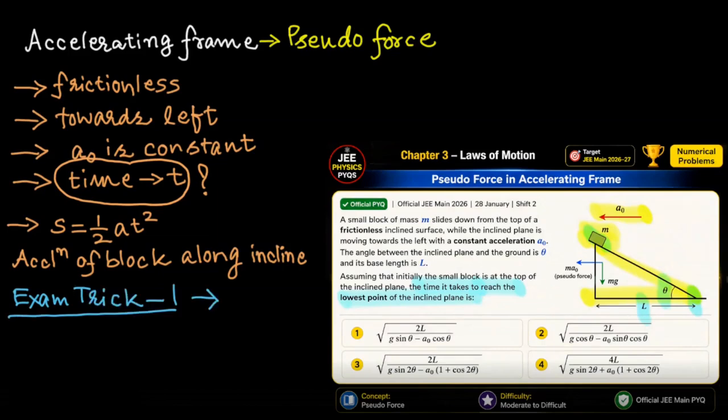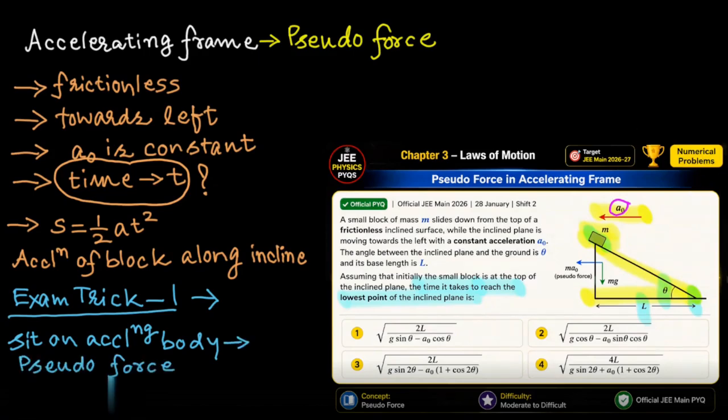Exam trick 1. Many students immediately start resolving forces in the ground frame. Don't. Whenever the supporting surface itself accelerates, sit on the accelerating body. That is usually the fastest approach. Imagine yourself standing on the wedge. Now the wedge becomes stationary, but because your frame is accelerating, you must introduce a pseudo force.